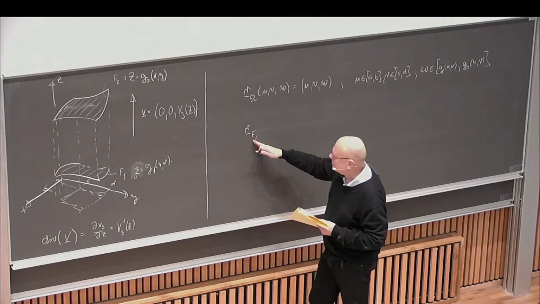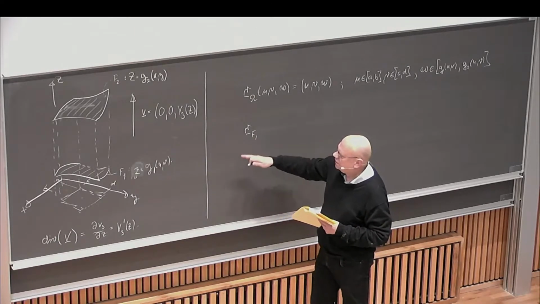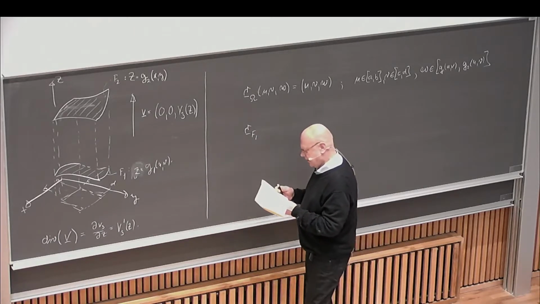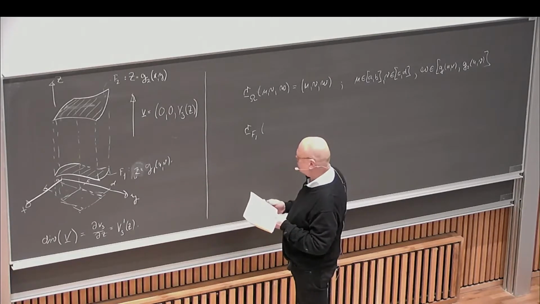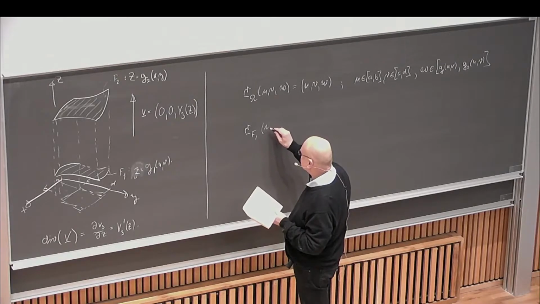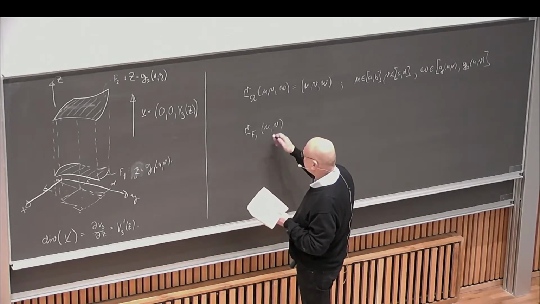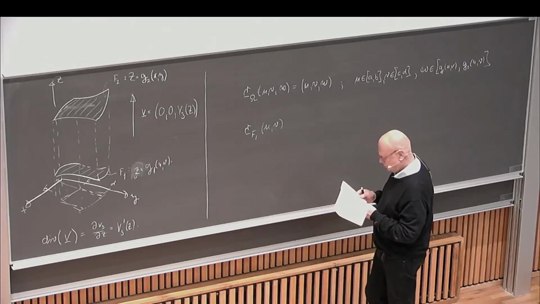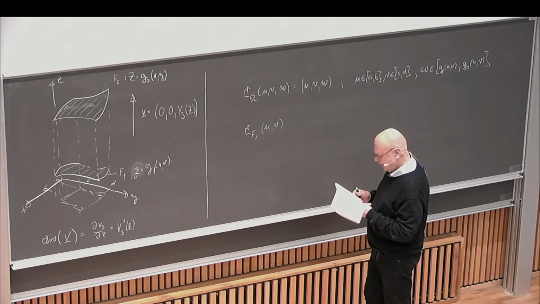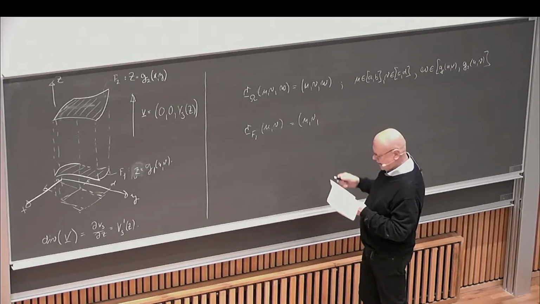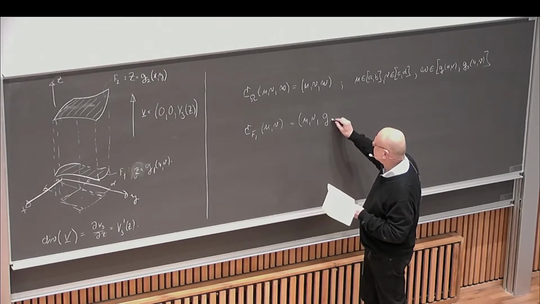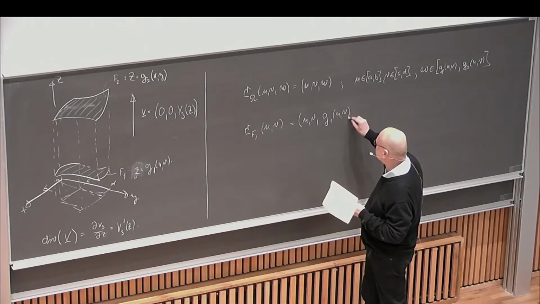I need a parametric representation of the two surfaces. I get for F1, that is the lower surface, and it's a function of only u and v, being a surface. And this is equal to, again, u comma v. And then the third coordinate is g1 of u comma v.